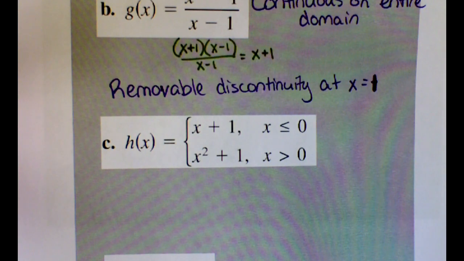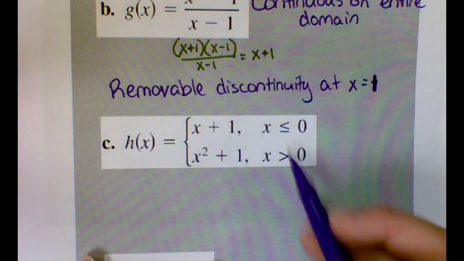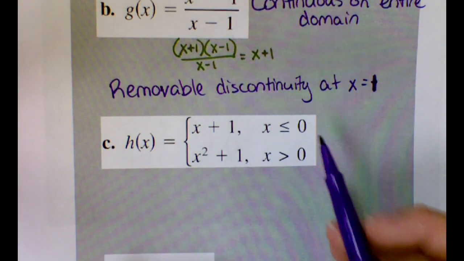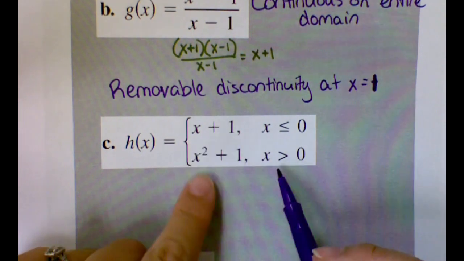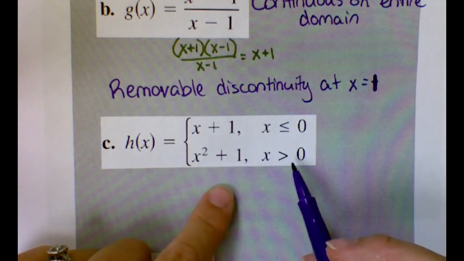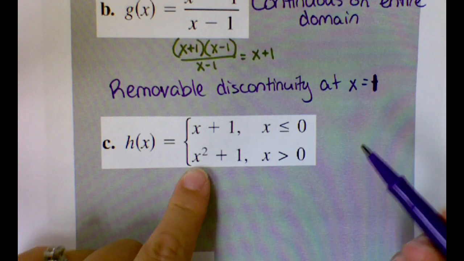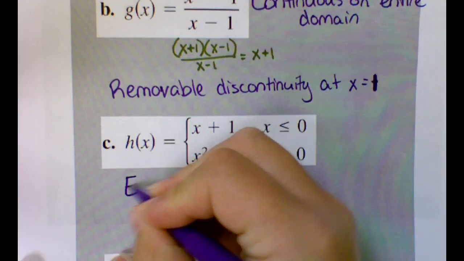All right, for C, we have a piecewise function. For a piecewise function, we need to look at coming in from the left and coming in from the right at 0. So 0 is our potential discontinuity. So the top function, when I evaluate at 0, I get 1. The bottom function, if I were to evaluate at 0, I also get 1, which means it's continuous everywhere.